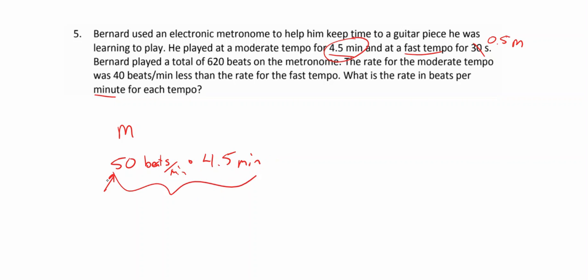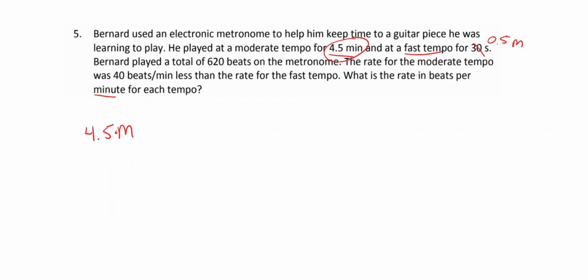But we don't know that this is 50, we just know that it's M right now. But I think that helps get our bearings. So we're going to have M, the moderate tempo, times 4.5 minutes. I'll write 4.5M. However many beats that was, I'm going to add that to the number of beats for the fast tempo.